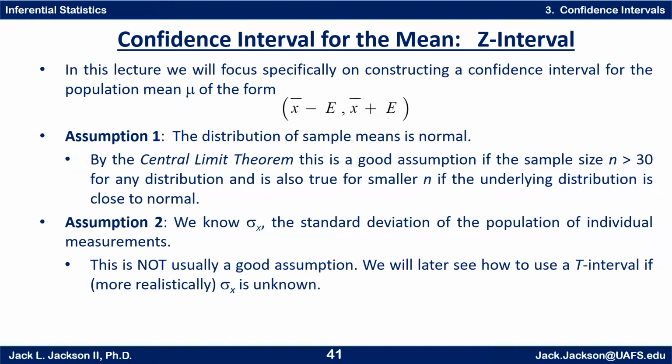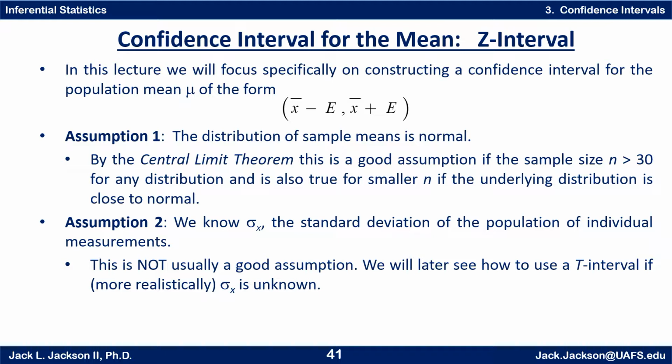So we're going to start by focusing specifically on constructing a confidence interval for the population mean. It will have the form x bar minus e to x bar plus e, and this is called a z-interval. It has a couple of assumptions. Assumption 1 is that the distribution of sample means is normal. Is this a good assumption? Well, it often is. By the central limit theorem, it's a good assumption if the sample size is greater than 30 for any distribution.